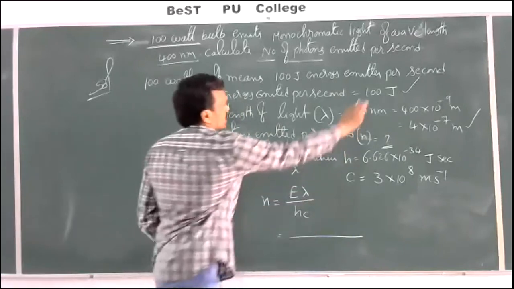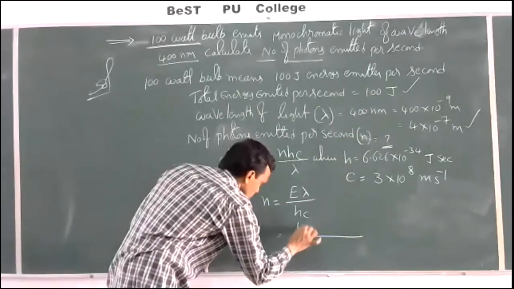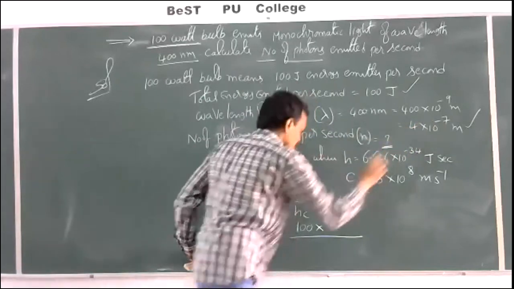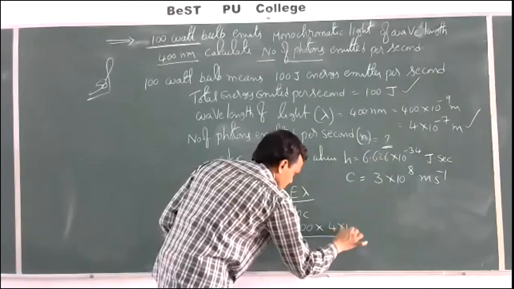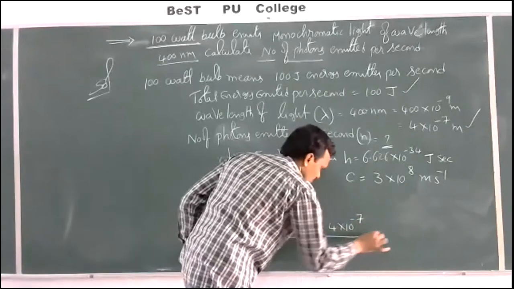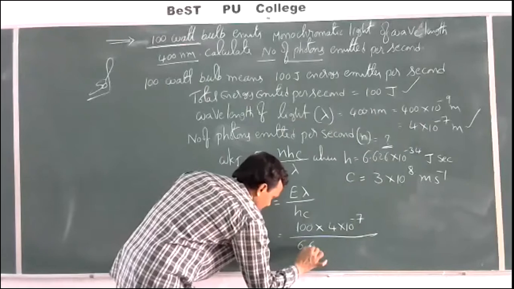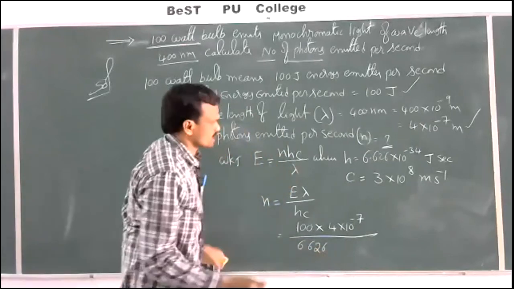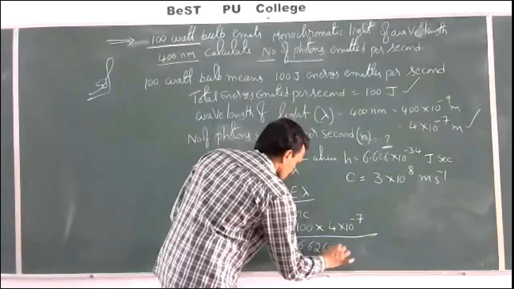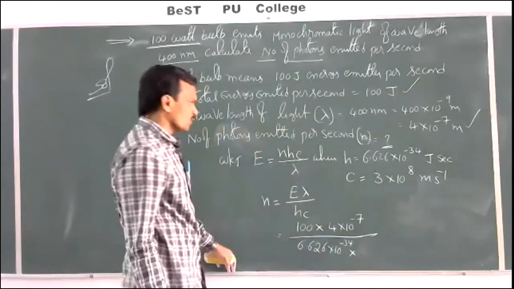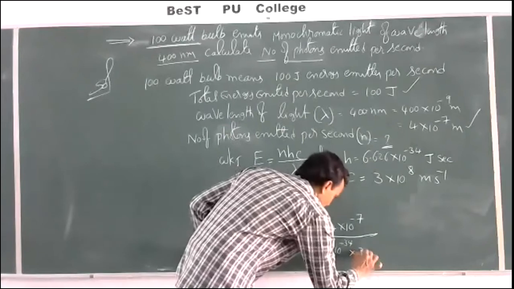E value 100 into lambda value 4 into 10 power minus 7 divided by h value 6.626 into 10 power minus 34 into 3 into 10 power 8.